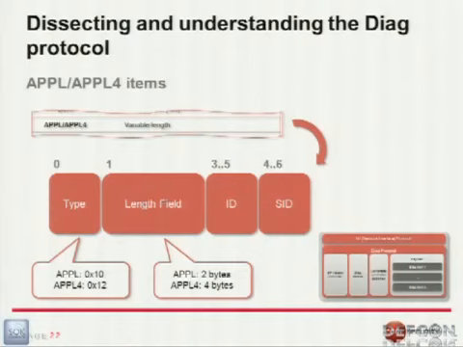Each one of these items also has its own header. The first field is the type, which denotes if it is an APPL or APPL4 item. Then you have a length field, which can be 2 bytes or 4 bytes. And then you have 2 additional identifiers, an ID and SID. During my test, I identified 172 different combinations of IDs and SIDs.